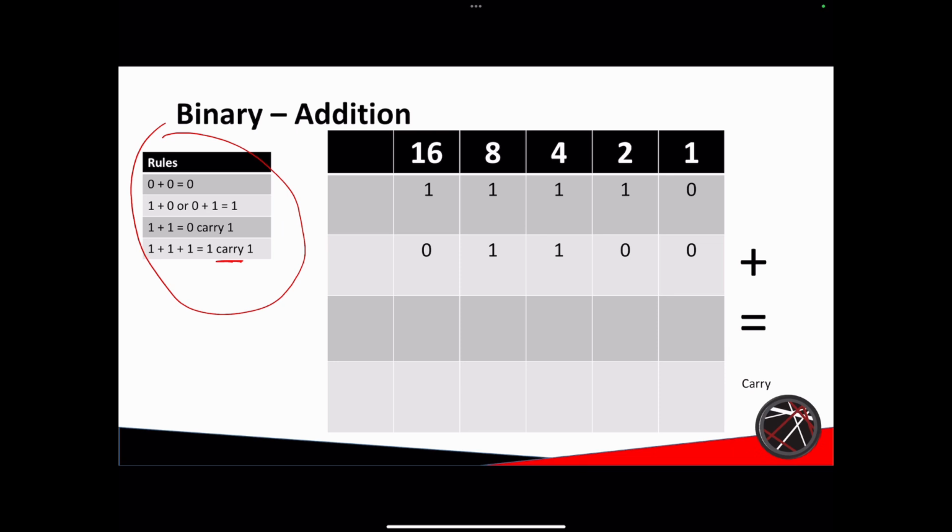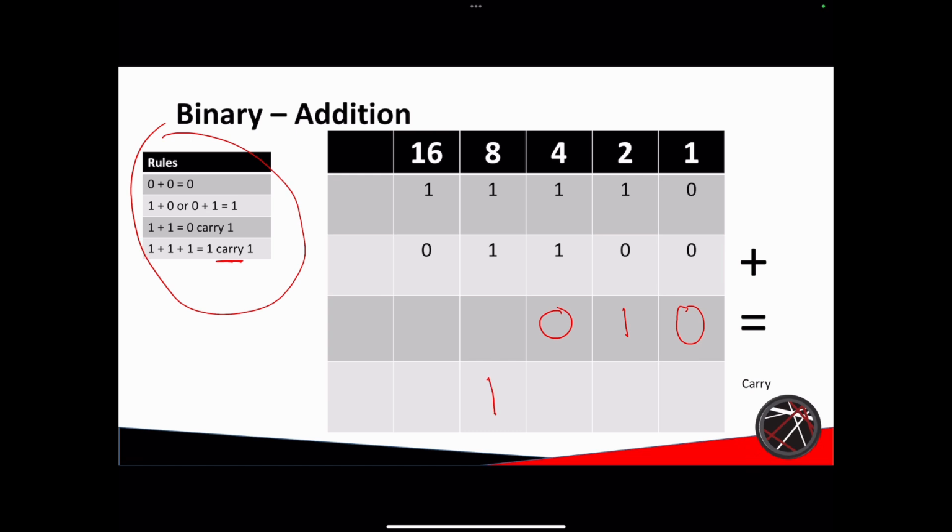As you can see, we always start from the right hand side, and you can see that I've got 0 plus 0. So in other words, that will add up to 0. The next one is 1 plus 0, so therefore we'll add up to 1. This is the tricky one. You have to just get used to this next one. The 1 plus the 1 is the 0 with a carry.